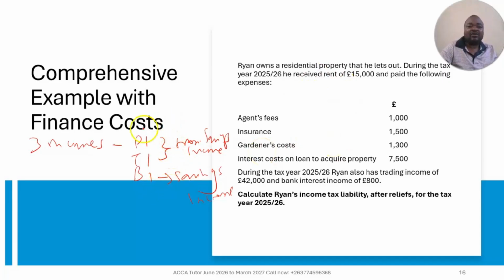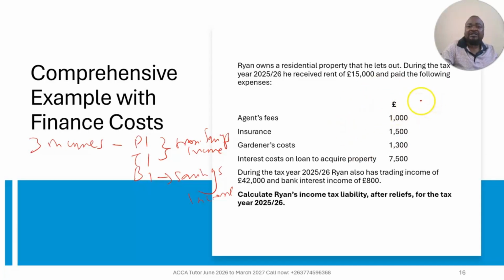Remember, if we say that the non-savings income constitutes trading and property income, we are simply saying that trading income has to be adjusted to some extent. That property income has to also be adjusted or computed so that you come up with the rightful figure you are going to slot in your table. So let's start with the property income computation, because that's very, very important.